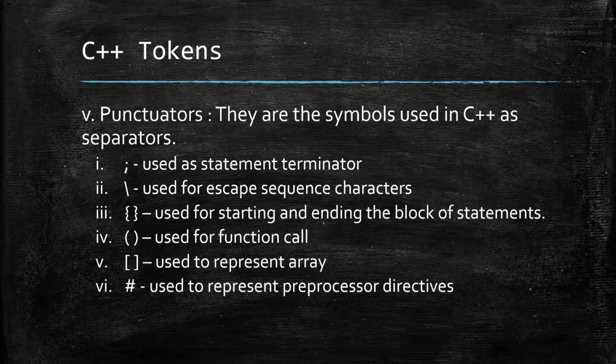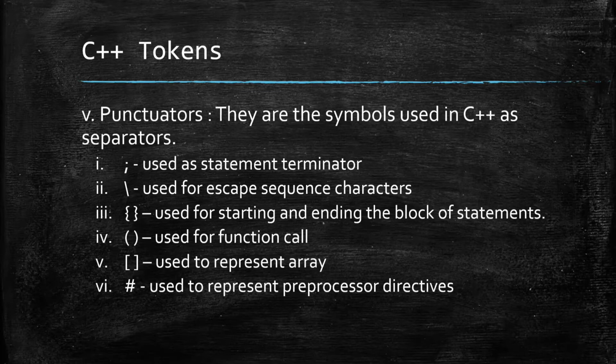They are a must in every program, like your semicolon, your flower brackets, parenthesis, hash symbol. These are all very much important in your program. Syntax is the grammar which you follow when you write a program. So you must use them, or else you will not be able to execute the program.